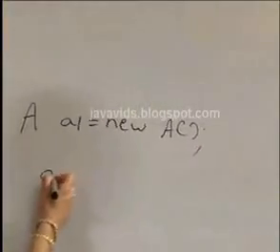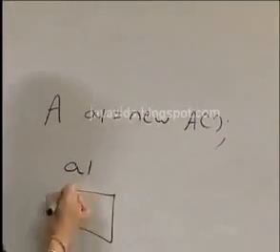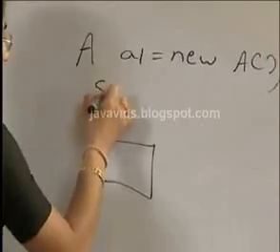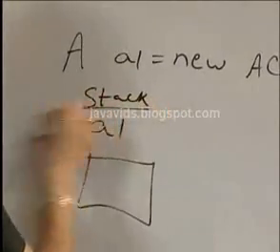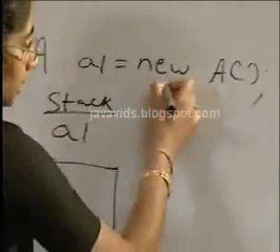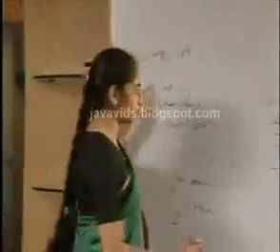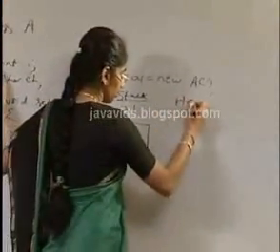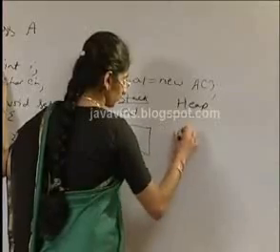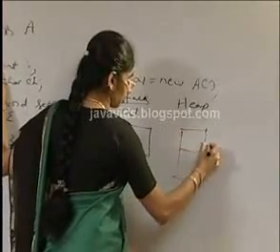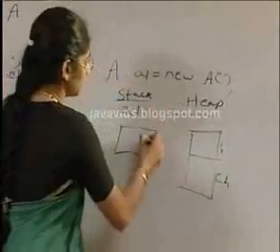So this A1 gets memory on what is called the stack. When you say new A, memory is allocated for these variables on the heap memory, and this A1 would be pointing to this heap memory.